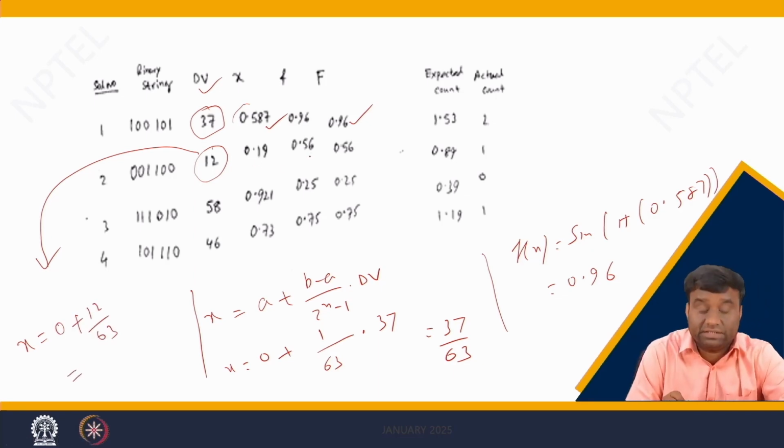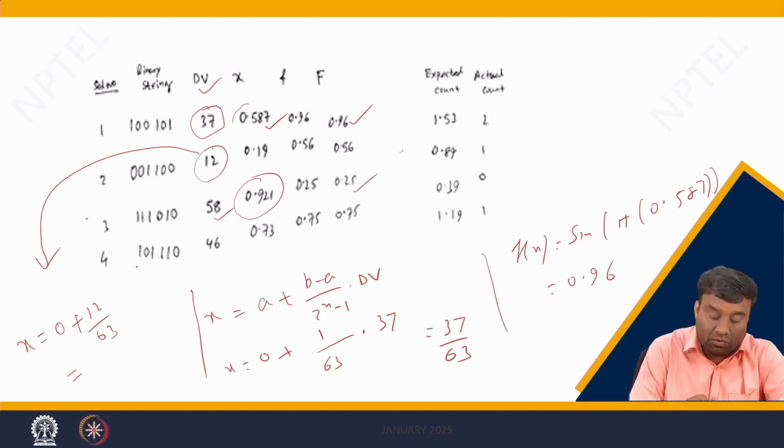So f of x is 0.56, fitness is 0.56. Similarly, the third chromosome is 111010, which is equivalent to 58. So x is 0.921, f is 0.25, so the fitness value is 0.25. The fourth is 101110, which is 46, x is 0.73, and the value is 0.75.